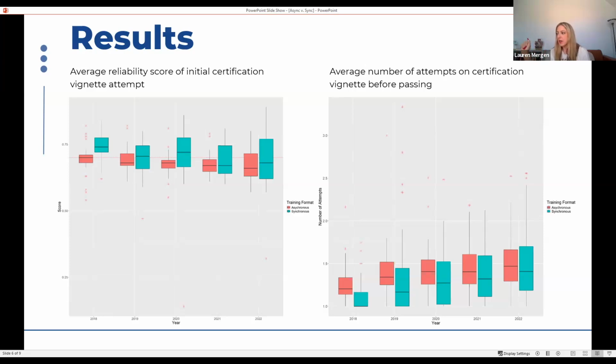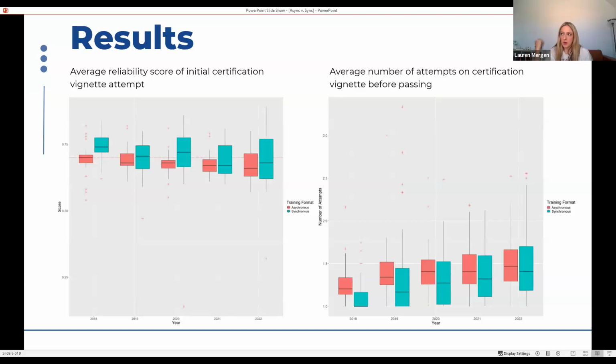The rest has a pretty clear pattern where the live training group has a much larger variability than the asynchronous group, the self-paced group. Again, it's not really a difference per se. It's less than one attempt difference. So really no practical difference between the two.